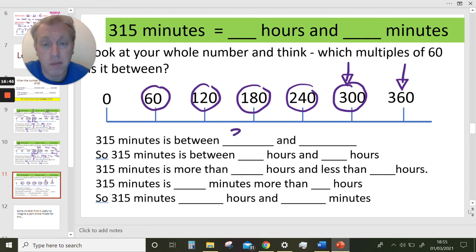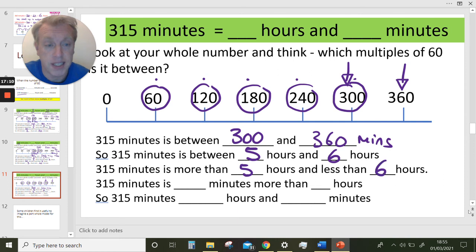So 315 minutes is between 300 and 360 minutes. That means 300 minutes is 1, 2, 3, 4, 5 hours. And 360 minutes, 6 hours. So it's more than 5 hours, less than 6 hours.